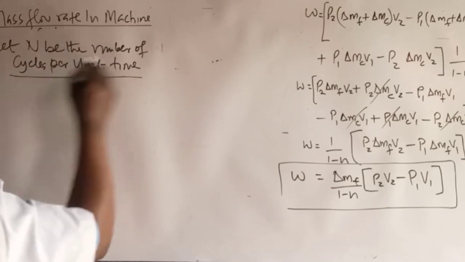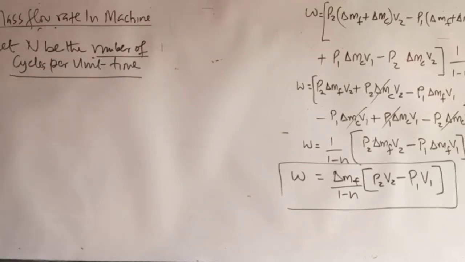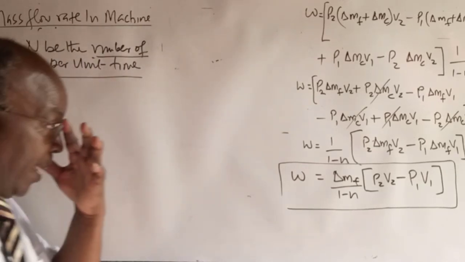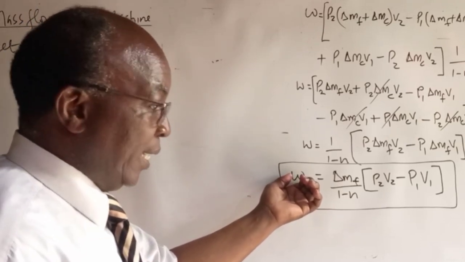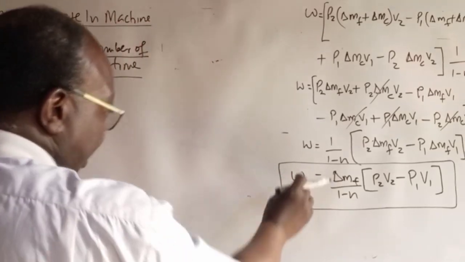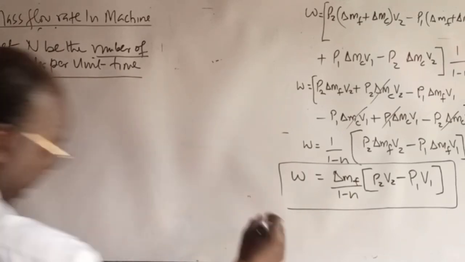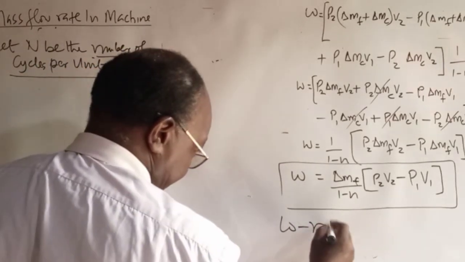So if we multiply this quantity, this is the work done. That is the rate of work done. Remember this W is the rate of work done.